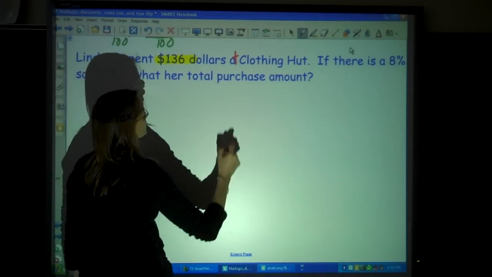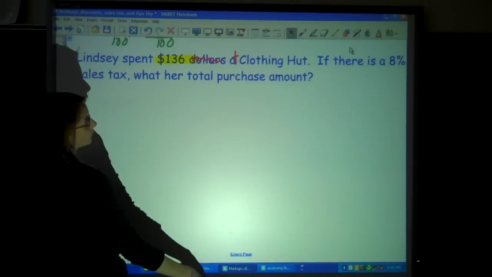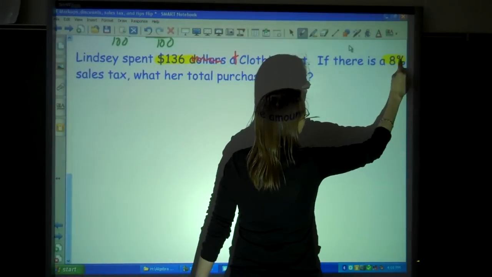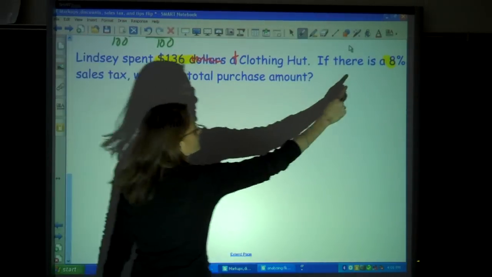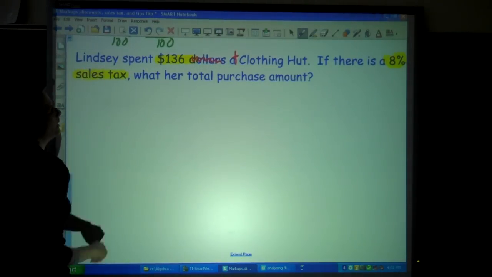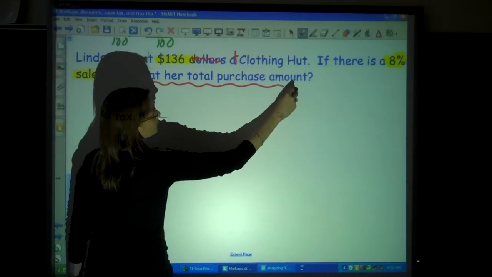Oh, and actually we don't need this word dollars, guys, so we'll cross that out. $136 at Clothing Hut. There is an 8% sales tax. And I need to find what her total purchase amount is.